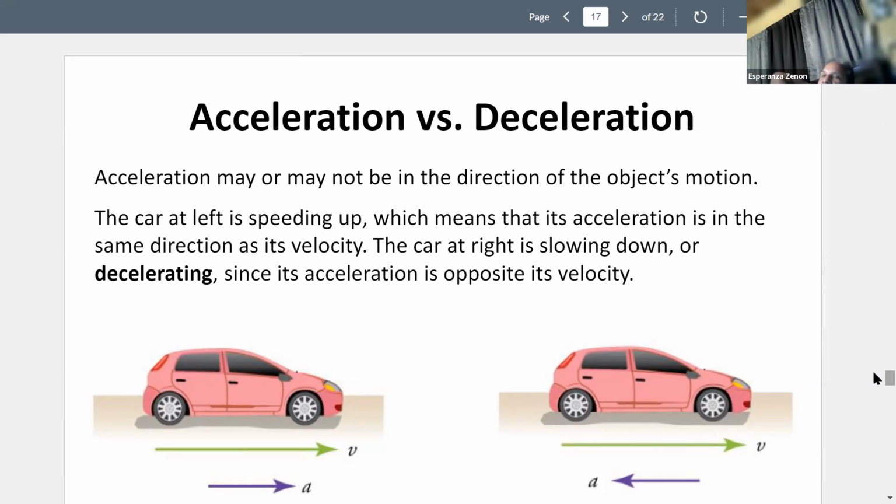Let me ask you something. We need to have an honest conversation here, because you were the only brave soul that opened the mic, and I respect that. But let's talk about why you were guessing. If your object is speeding up, meaning the speed is getting bigger, and I ask whether the final velocity will be smaller or bigger than the start, if you're speeding up, it has to get bigger, right?